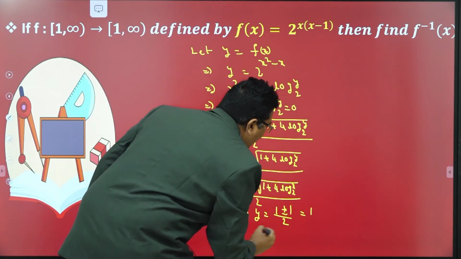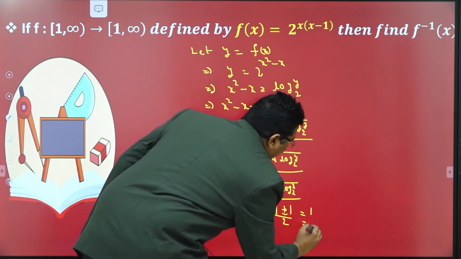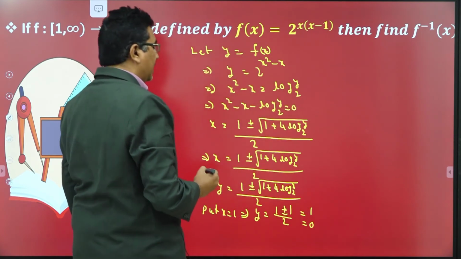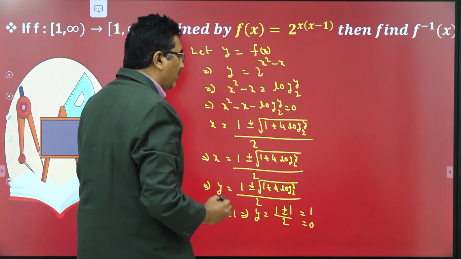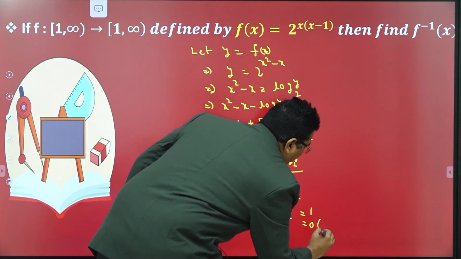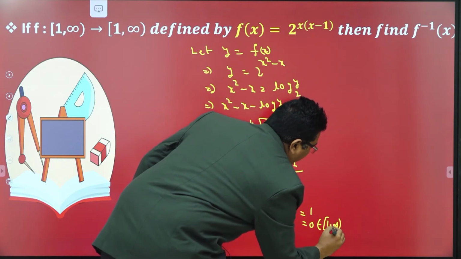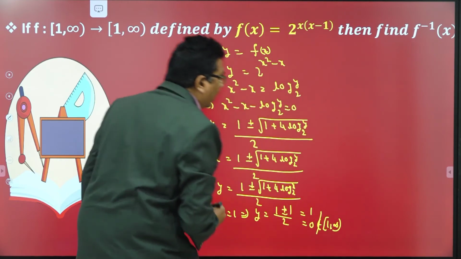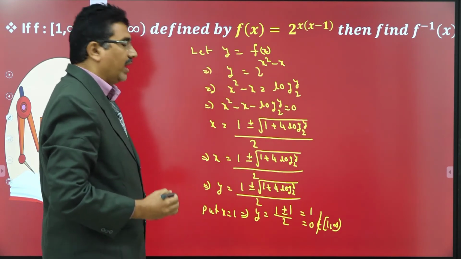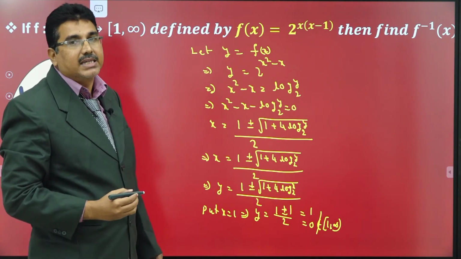Now, if we take minus sign, this is equal to 0. y is equal to 0 does not belong to closed interval 1 comma infinity. That's why I am taking plus sign.